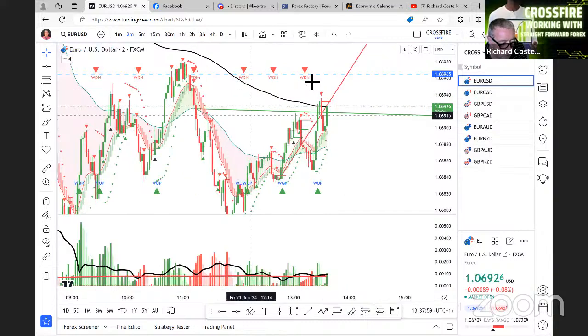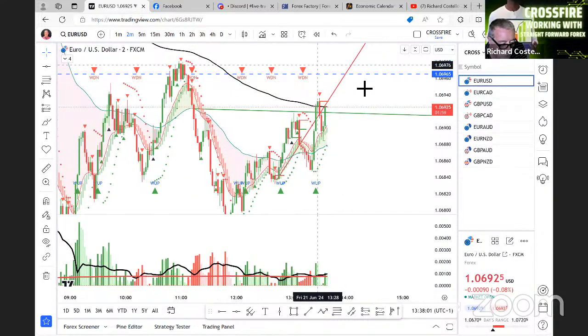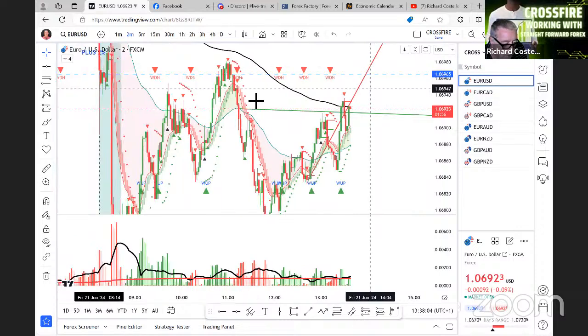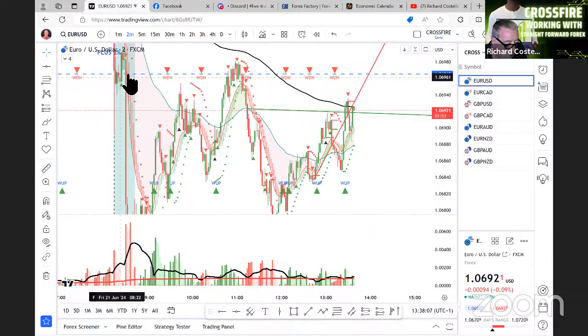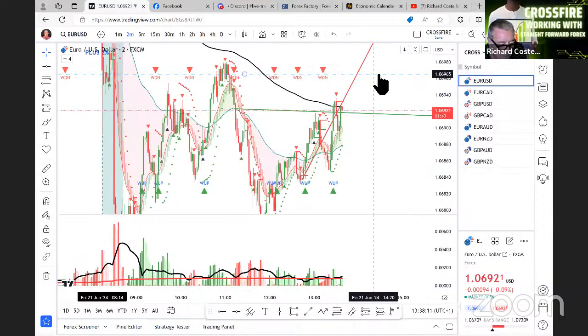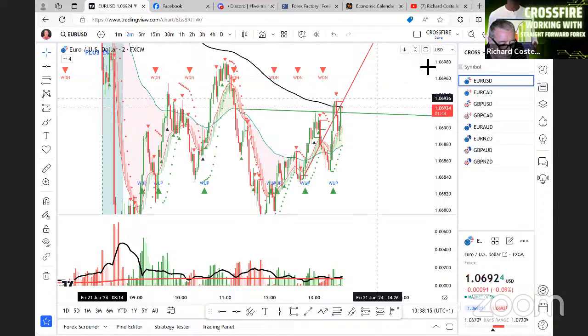Yeah, Euro US. Okay, so that was me looking at that trade this morning. That was my 2% mark. So I'm going to take that off for now.